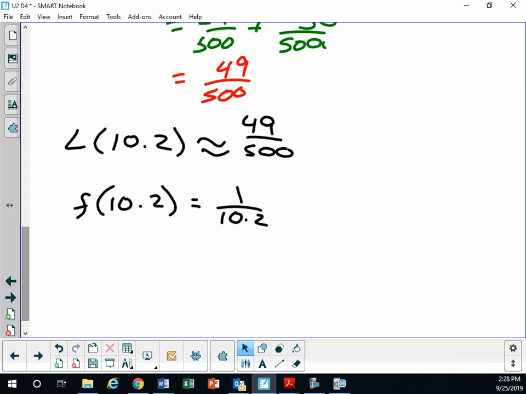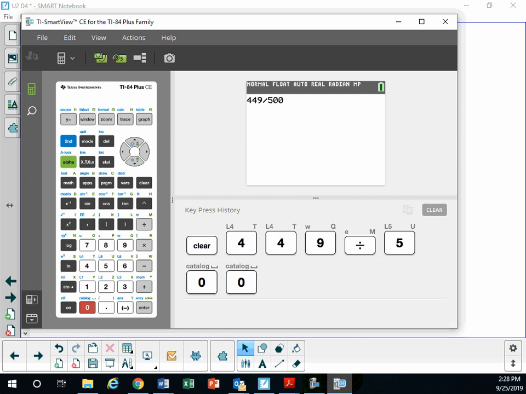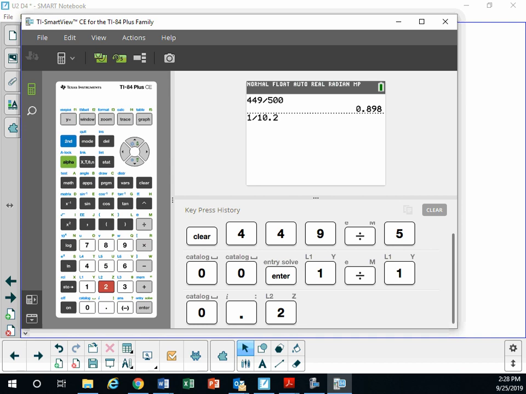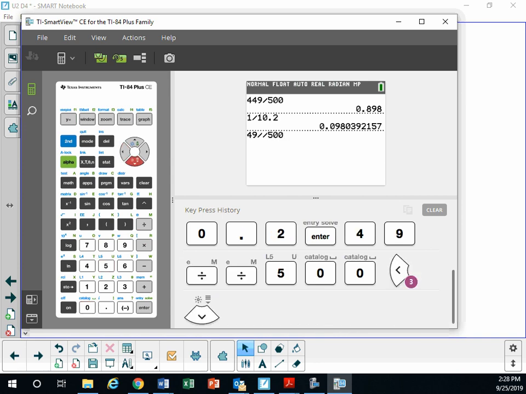And now if I look, there we go. I'm going to do 49 over 500, gives me this decimal, and compare to 1 over 10.2. Oh my goodness, this zero cannot type today.